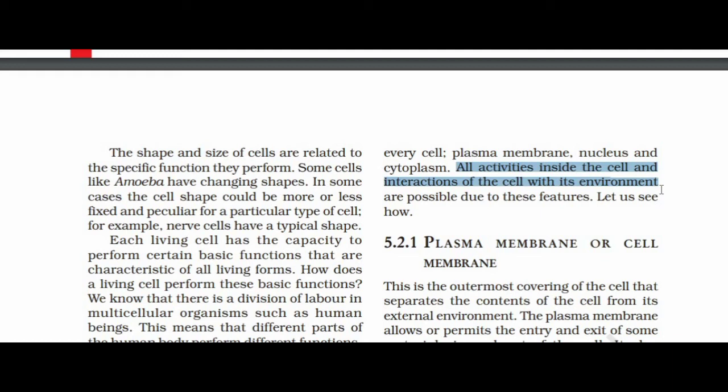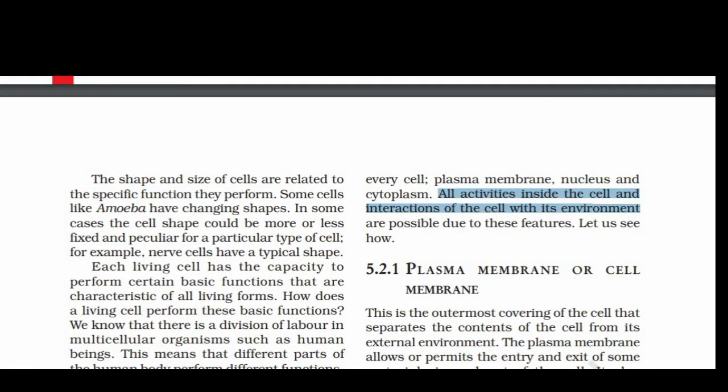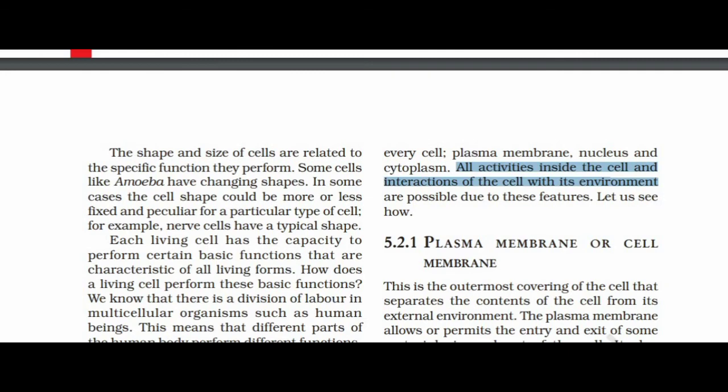Interaction of the cell with its environment means give and take of gases with its environment. All this is possible only due to the three features, and they are plasma membrane, nucleus, and cytoplasm. Now let us see plasma membrane or cell membrane in the next video.